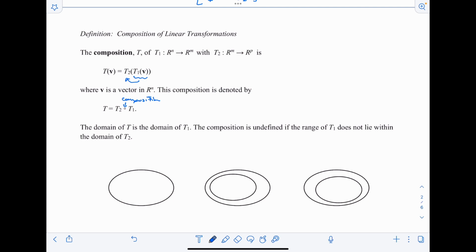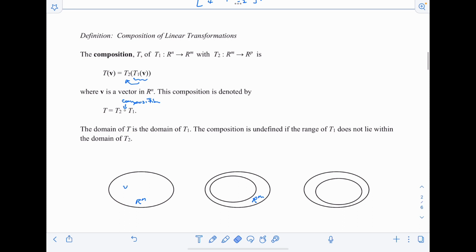All right, let's put together a little map to see what's going on here. Basically, we're going to start in a vector space, and in this case it's mapping Rn to Rm. So this is going to be Rn, we're going to call this Rm, and we'll call this vector V. So vector V maps to some point in this vector space by the transformation T1.